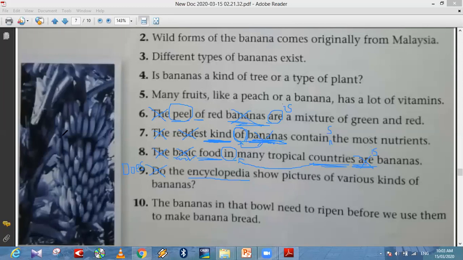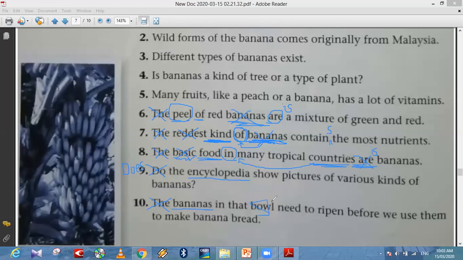Last one. Behat. Can I speak right now, Behat? The bananas in that bowl need to ripen before we use them to make banana bread. The simple subject is the bananas. Yes, that's right. And the verb is need. So why not this word, bowl?